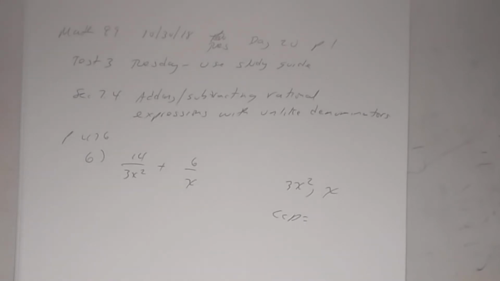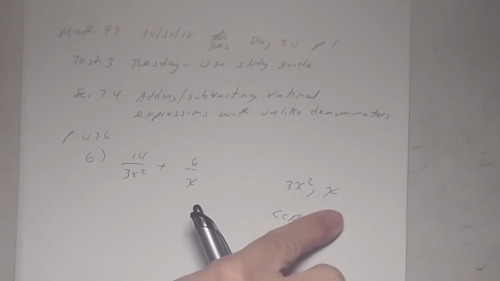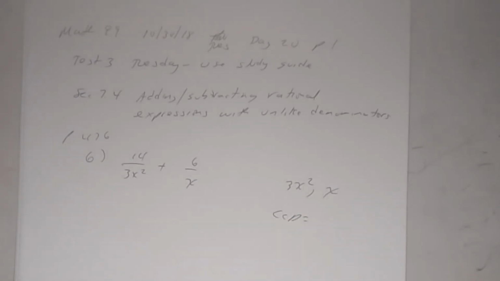So what's the LCD of 3 and 1? 3. What's the other factor? x. How many x's occur here? 2. How many x's occur here? 1. How many do you need? 2. So what's the LCD? 3x squared. That discussion was from the previous section, 7.3.